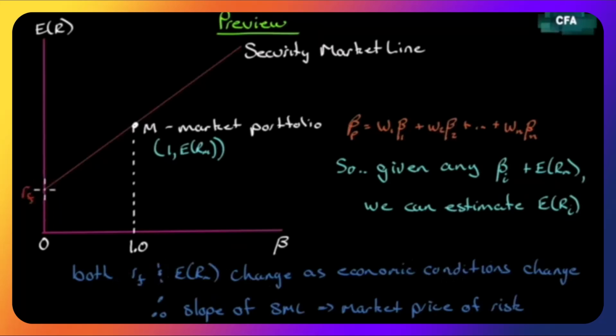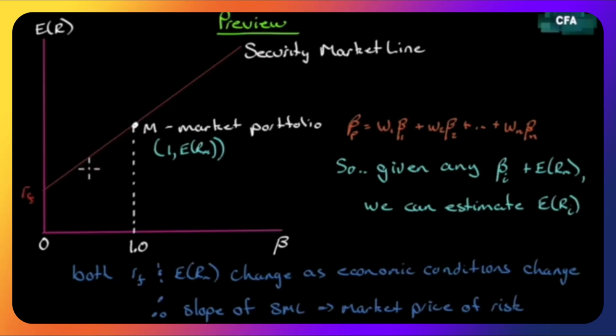It can fluctuate, and the volatility of the market can also fluctuate as well, which means the slope of the security market line can also change. The slope of the security market line can steepen or flatten, which means the market price of risk can either steepen or flatten, so that the expected return on individual securities can change depending on how conditions in the market change, which I think is a fairly straightforward statement, right?